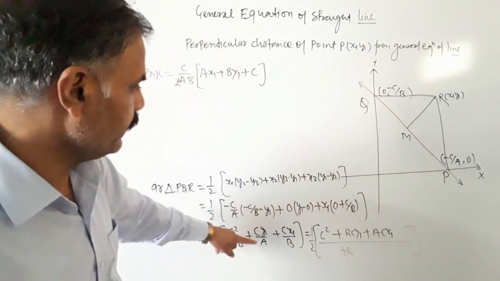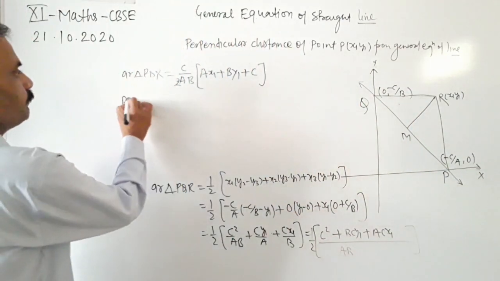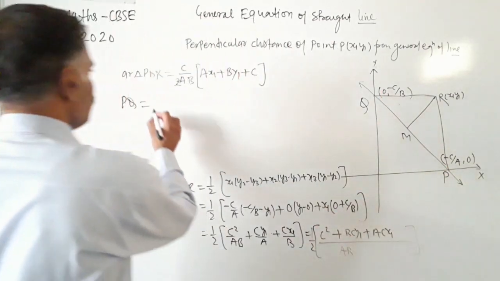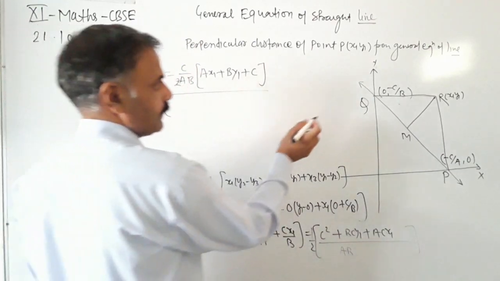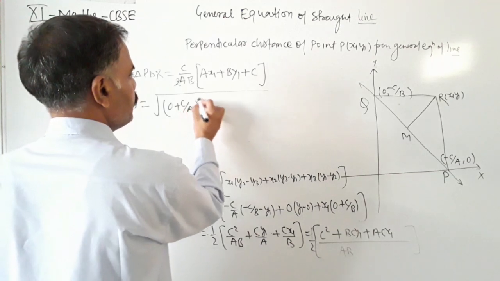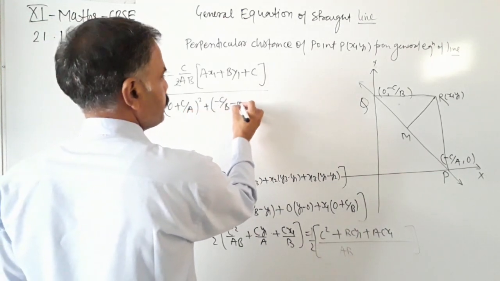Now we will find PQ, the distance between the points P and Q. PQ is equal to the square root of (x2 minus x1) whole square plus (y2 minus y1) whole square, that is (0 plus c upon a) whole square plus (minus c upon b minus 0) whole square.